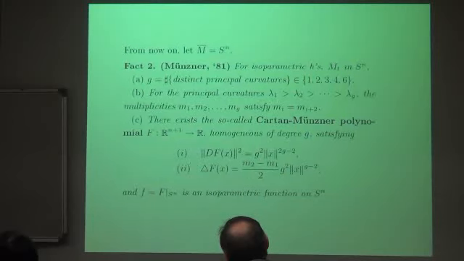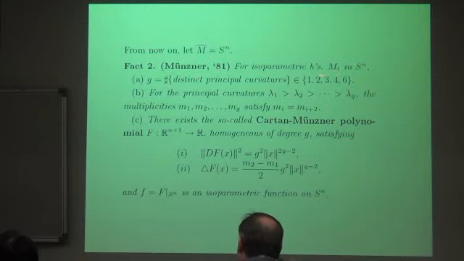From now on, I restrict my argument to the case where M bar is the sphere. In this case, Münzner gave a fundamental characterization of isoparametric hypersurfaces. For instance, we traditionally denote by g the number of distinct principal curvatures, and it takes the value only 1, 2, 3, 4, or 6.